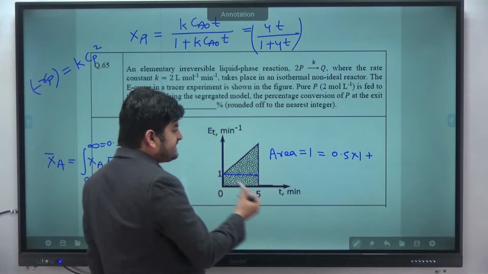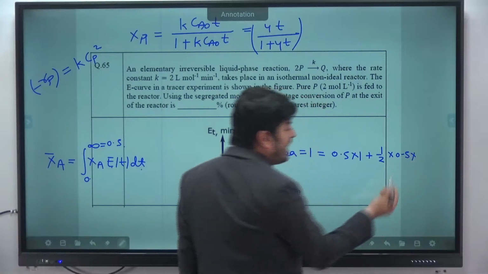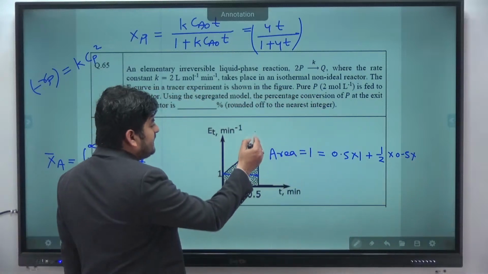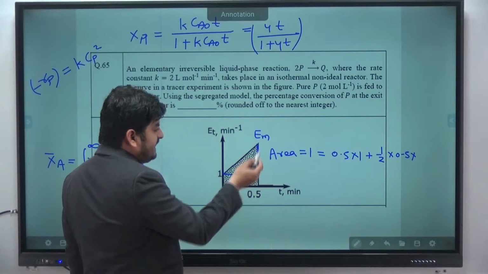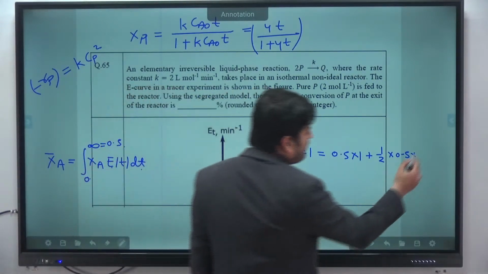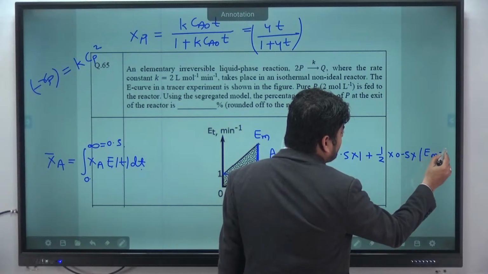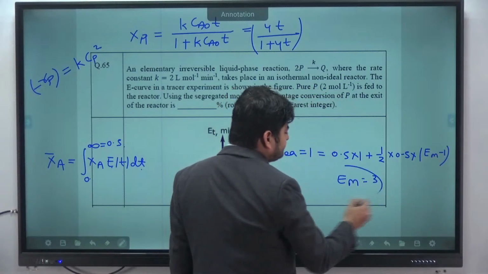So half into base, that is 0.5, into height. Let's say this is Em, so the height will be Em minus 1. On solving this, you will get Em equal to 3.